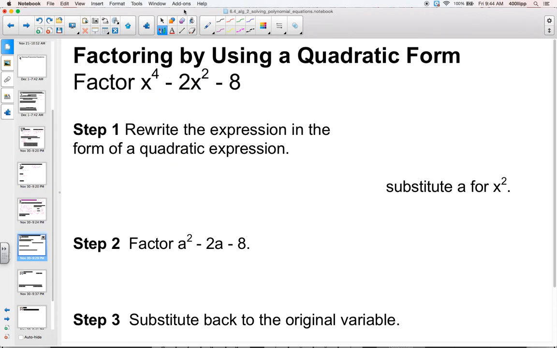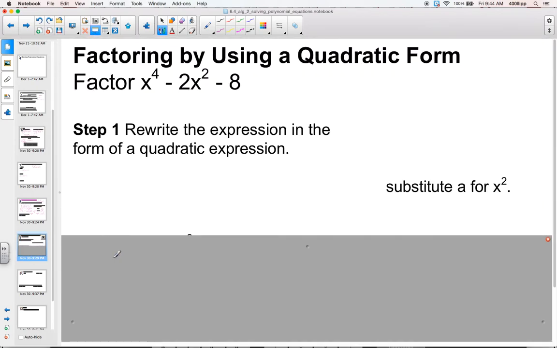So what we're going to do for this is actually write it in a form that we are used to. So I'm going to write this in a form that's going to look like a quadratic expression. I'm going to write this as something squared minus something linear, and then our constant.